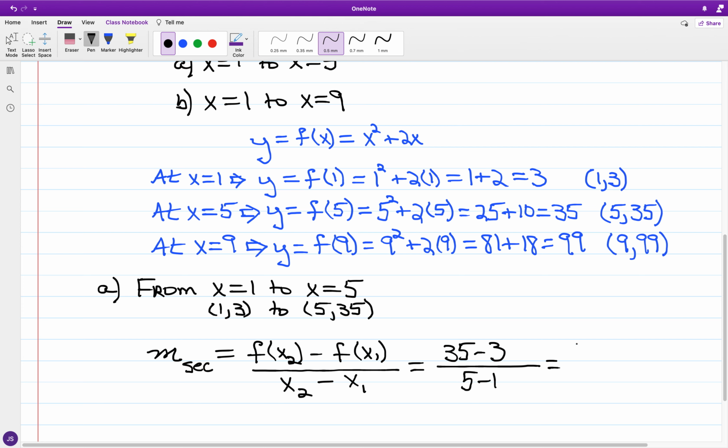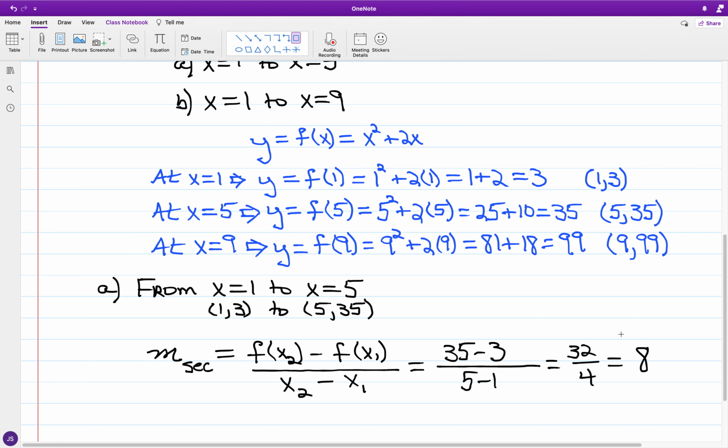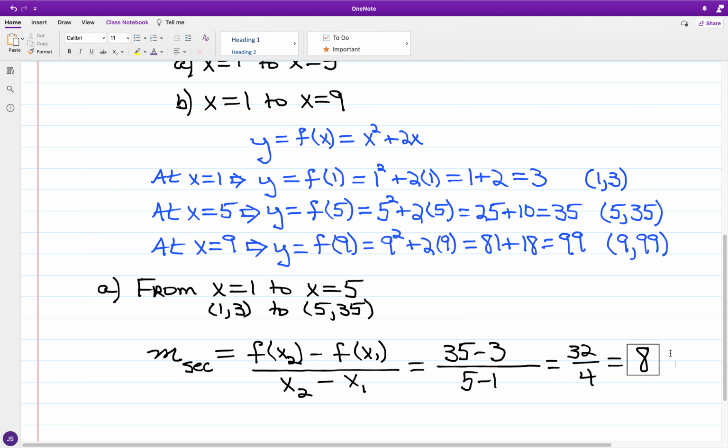So 35 minus 3 is going to be 32. 5 minus 1 is 4. So between x equals 1 and x is equal to 5, in other words, if you had a straight line connecting (1, 3) and (5, 35), the slope is going to be 8. So that's going to be the average rate of change of the function between those 2 points.